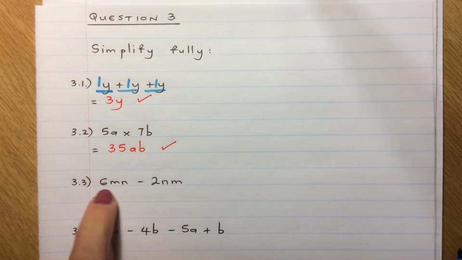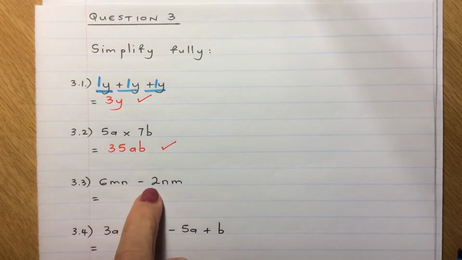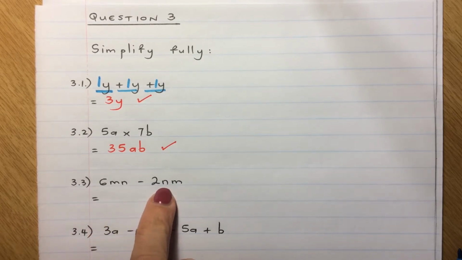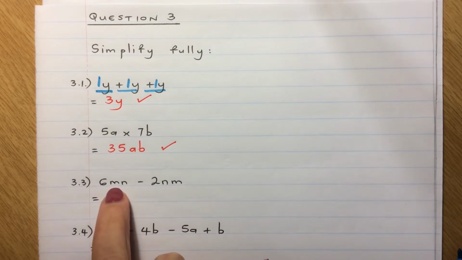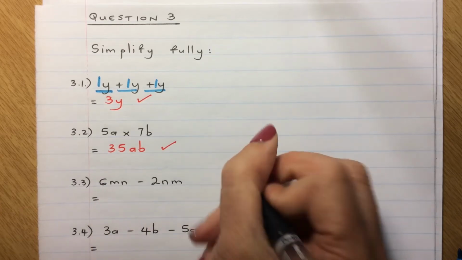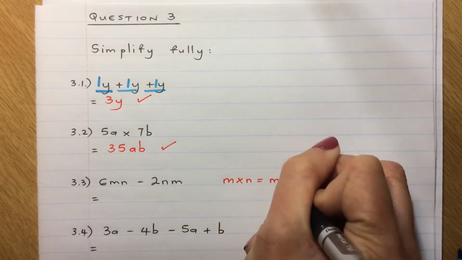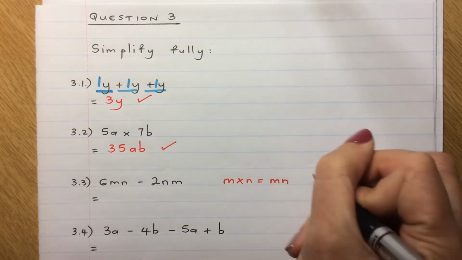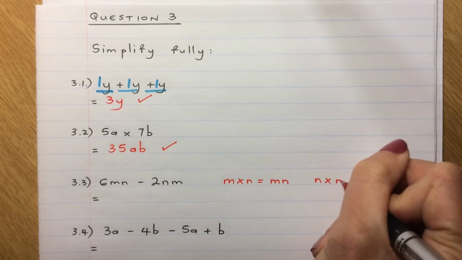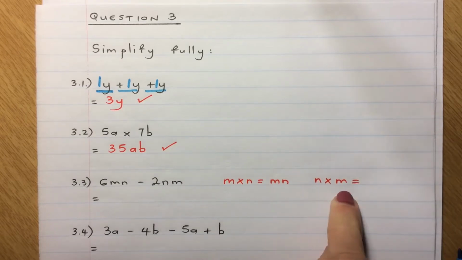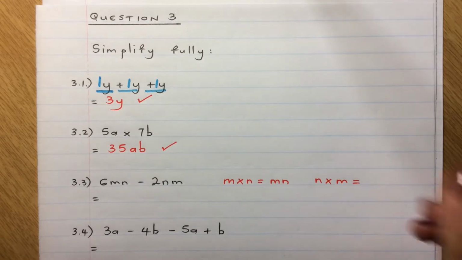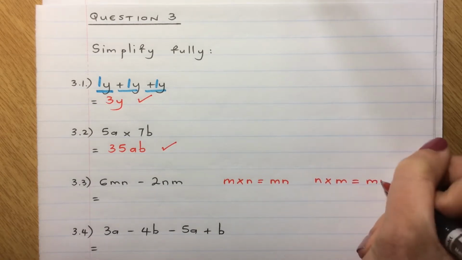Okay, then I've got 6mn minus 2nm. Now, the little trick here is that they look a little bit different. But if I've got an m times n, and I glue them together, yes, I do get mn. If I've got an n times m, yeah, I can write nm, but we've taught you that the correct way to write in algebra is in alphabetical order.